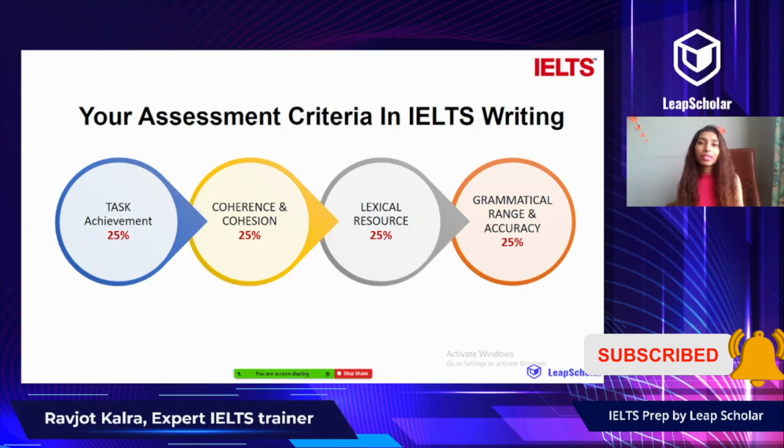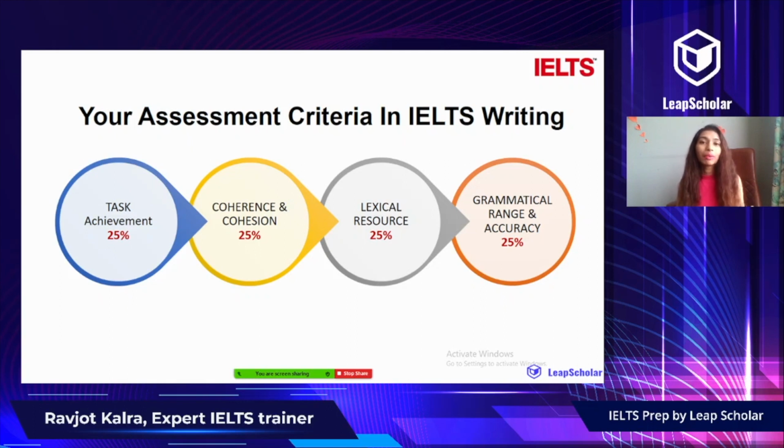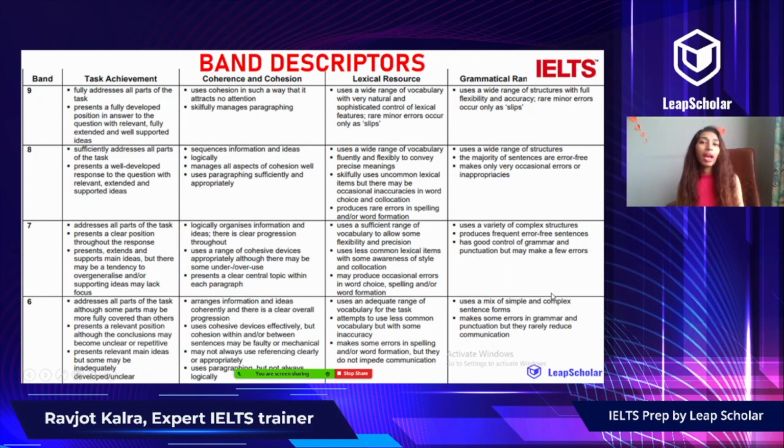I always tell my students to go to these parameters before you start writing, before you start practicing, and after you finish your essay writing. These parameters consist of task achievement, coherence and cohesion, lexical resource, grammatical range and accuracy. Please go through them. These are the band descriptors. We call them parameters and band descriptors as well.